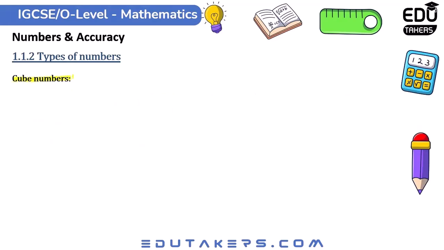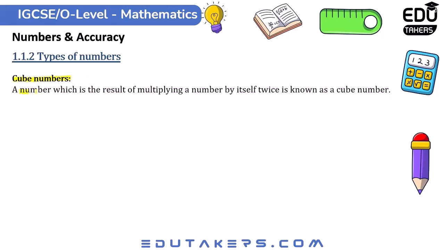Next is cube numbers. A number which is the result of multiplying a number by itself twice is known as a cube number. For example, 8, which is the result of 2 times 2 times 2. So 27 is 3 times 3 times 3 and 64 is 4 times 4 times 4.